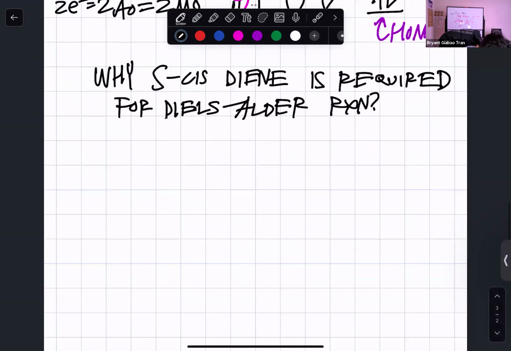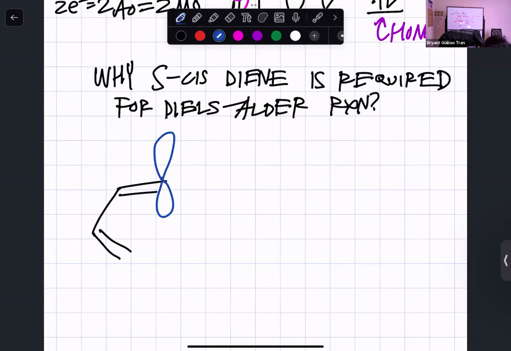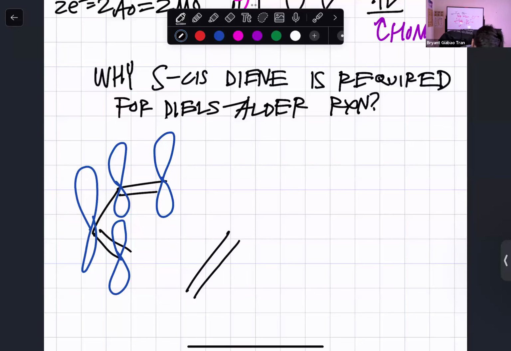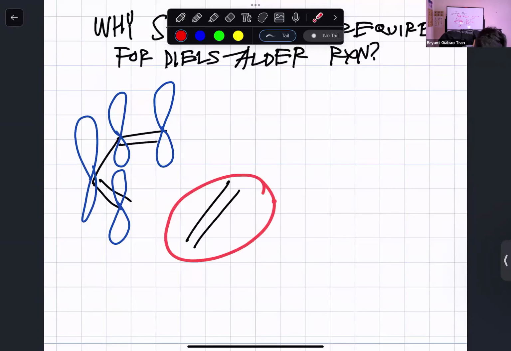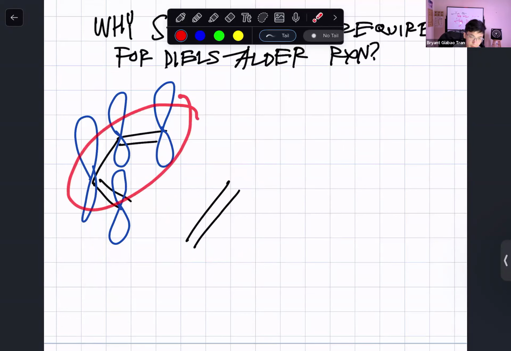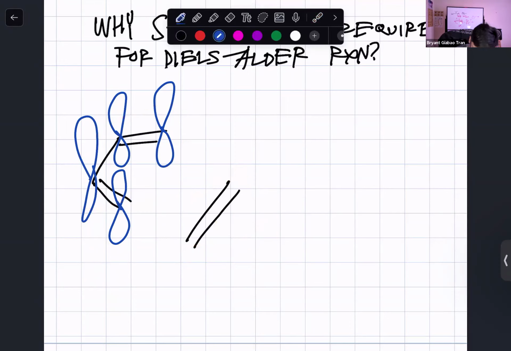Right, so if I draw in an S-cis diene like this and draw out its p orbitals, let's draw out in blue, right, and then draw in the dienophile in this projection, right? So imagine that this diene right here is hovering over the dienophile, right? It's going above the dienophile. And let's draw the dienophile's p orbitals like this, right?